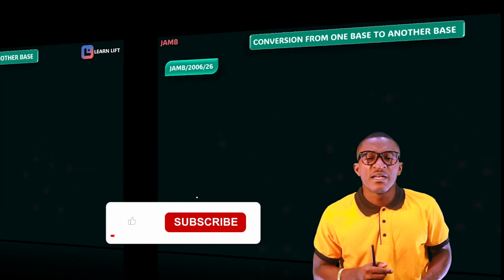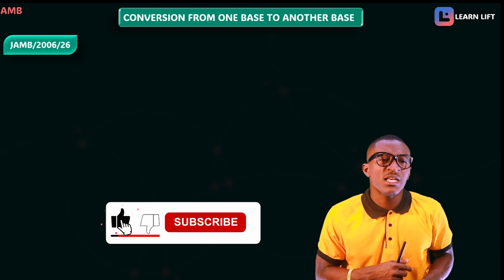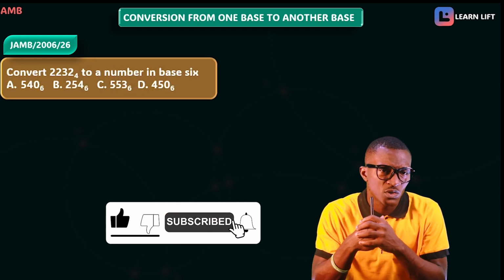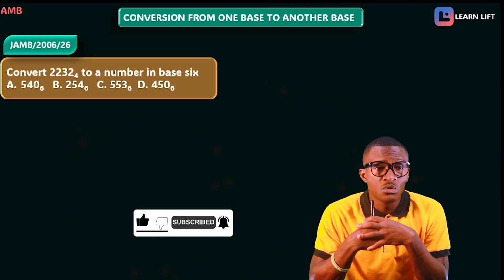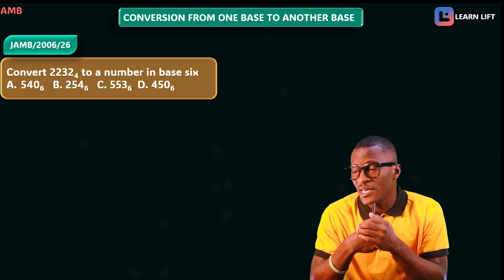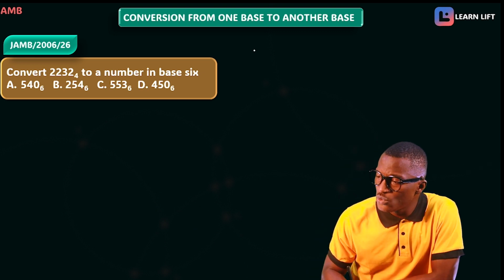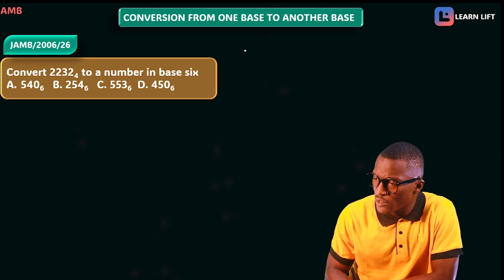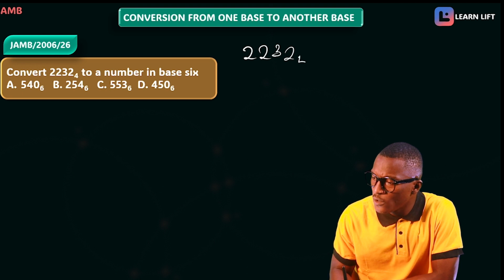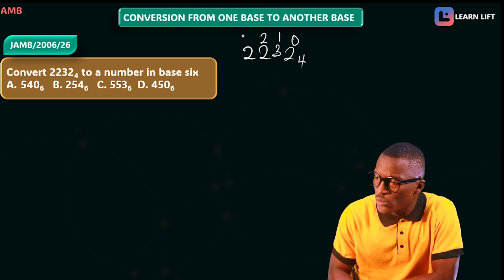Quickly, let's take the next question. 2006 question 26. The question says convert 2232 base 4 to a number in base 6. The first thing to do is to convert to base 10. 2232 base 4, how do you convert it to base 10? That becomes 0, 1, 2, 3.